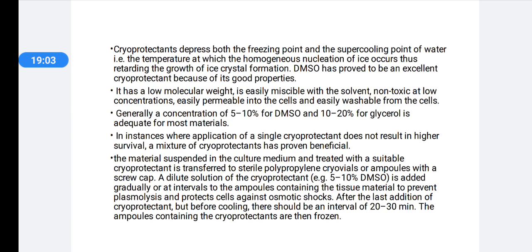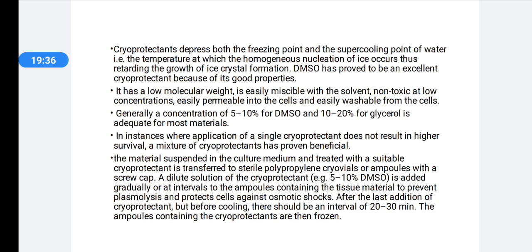So how does the whole technique of adding cryoprotectant go? The material or culture is suspended in the culture medium and treated with a suitable cryoprotectant, and then transferred into sterile polypropylene cryovials or ampules with a screw cap. A dilute solution of cryoprotectant like 5 to 10% DMSO or 10 to 20% glycerol is added gradually, or at intervals, to these ampules.